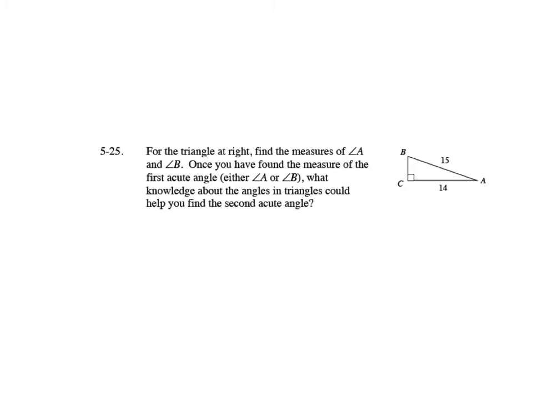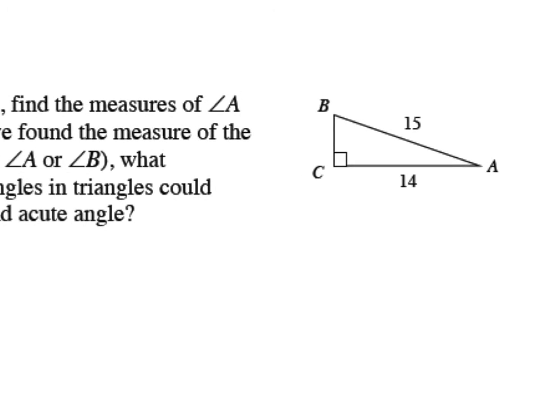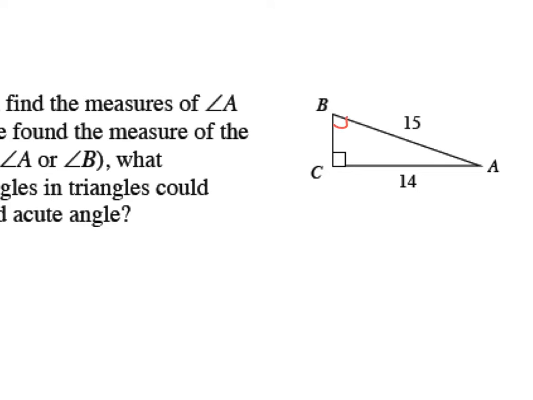On number 25, it says, hey, find the measure of angle A and the measure of angle B. Once you found the first acute angle, what knowledge about the angles in the triangles could you use to help find the second one? Well, you can find either A or B to begin with.